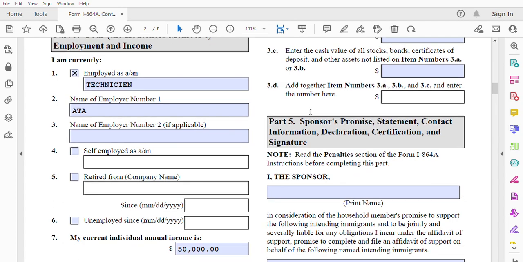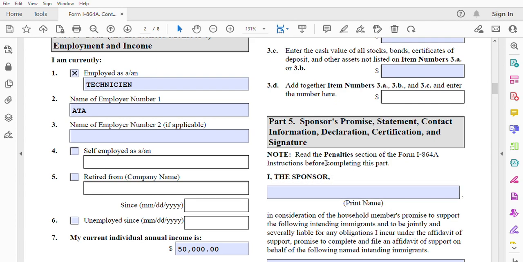Now we're gonna talk about the sponsor's promises, statement, contact information, declaration, certification, and signature. You gotta remember, this is a contract between the sponsor and household member. This part right here is for the sponsor, the person who filed the form I-864. So note, read the penalty section of the form I-864A instruction before completing this part.